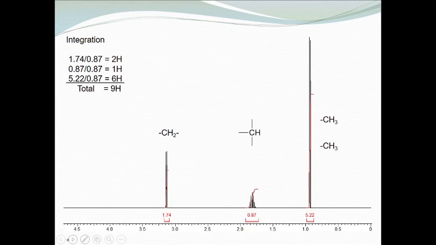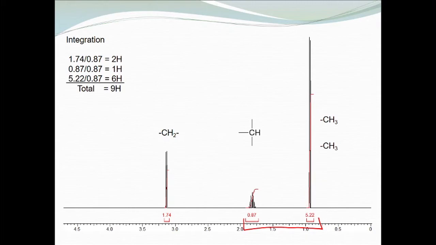And so the next step is to figure out what types of hydrogens they are. Basically, we're looking at the different regions. Again, these out here are all in the alkyl region, so these are alkyl CH.